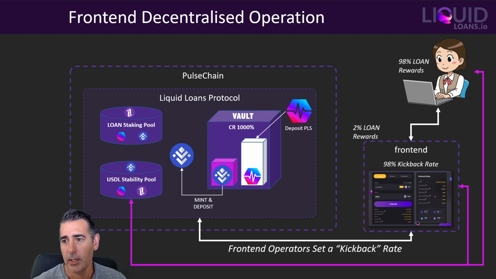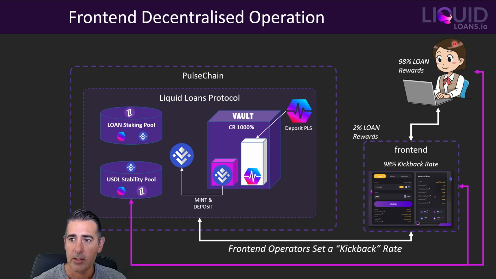Let's have a look. So this particular user over here is interacting with this front end here, and the front end operator has set the kickback rate to 98%. So what that means is the person using the service is getting the lion's share of the rewards.